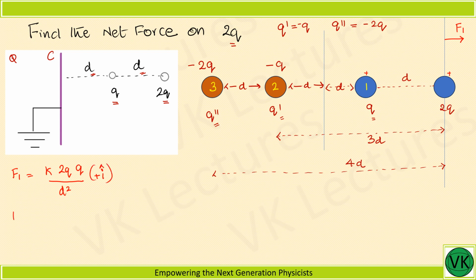Now we need F2, the force due to charge 2. So K, charge 2 is minus q, but we need to write only the magnitude here, q, and 2q into q divided by the distance 3d, so 3d squared.